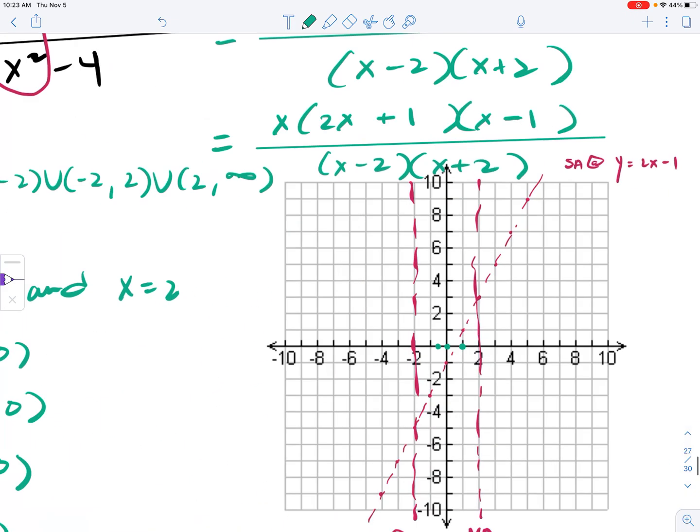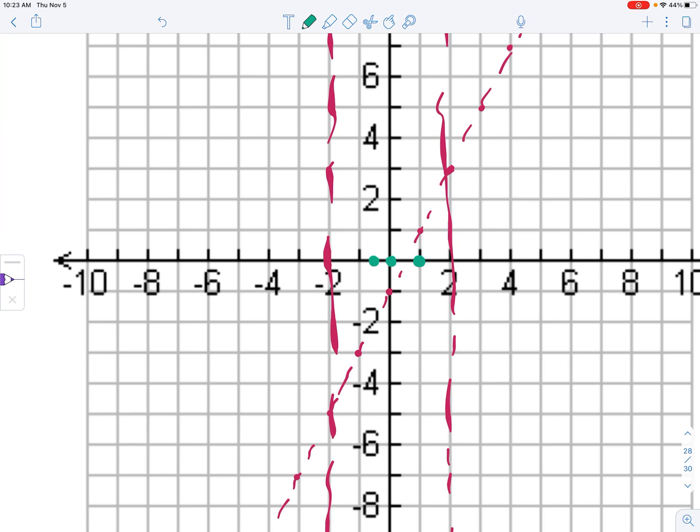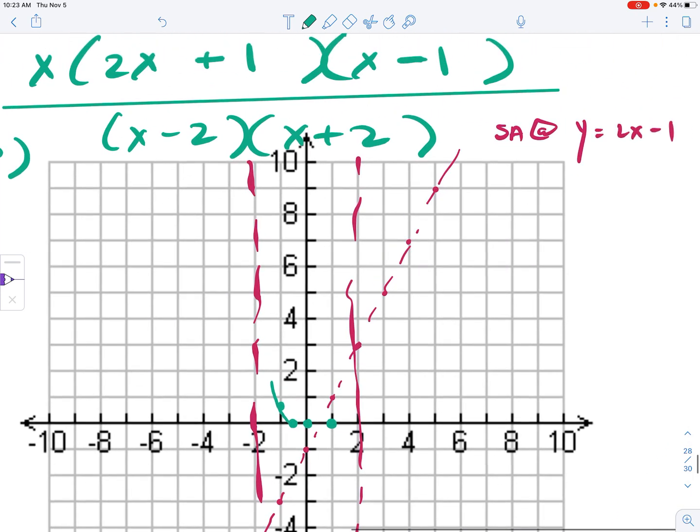So 2/3. Negative 1 2/3. So I think that the graph is going to end up, because it won't come back down and cross the x-axis again, but as x approaches negative 2 from the right side, it'll approach positive infinity.